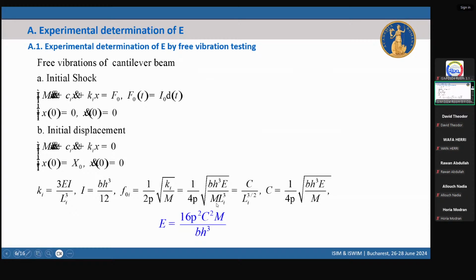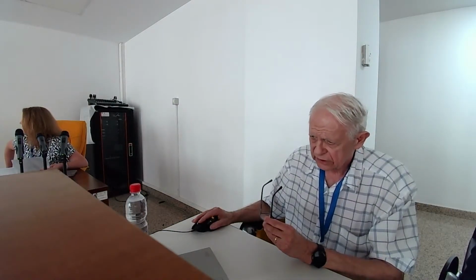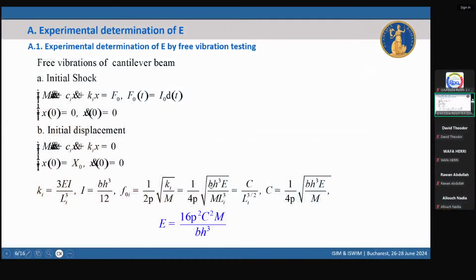And finally, the frequencies of free vibrations for different length values of the tested sample lead to a formula which is dependent on the attached mass and the dimensions of the sample, and this is very essential.